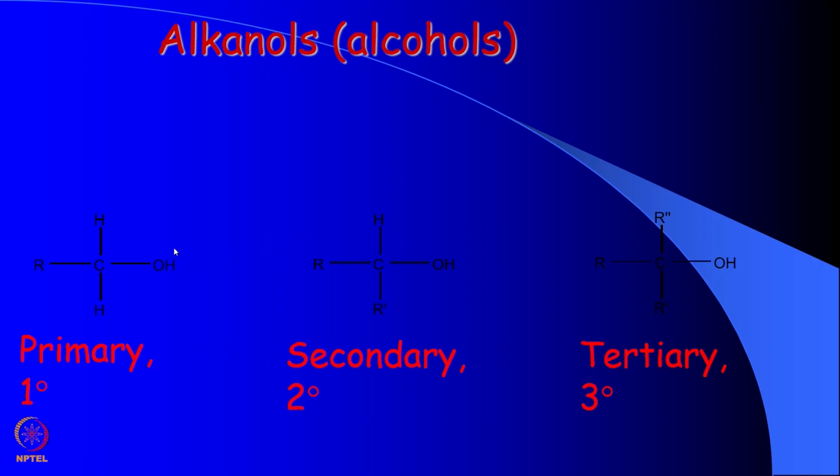So, if the OH is connected to a carbon which has 2 hydrogens, it is called a primary alcohol. If the OH is connected to a carbon which is in turn only connected to 1 hydrogen, it is called the secondary alcohol. And if the OH group is connected to the carbon where there is no hydrogen atom, it is called a tertiary alcohol or a 3-degree alcohol.